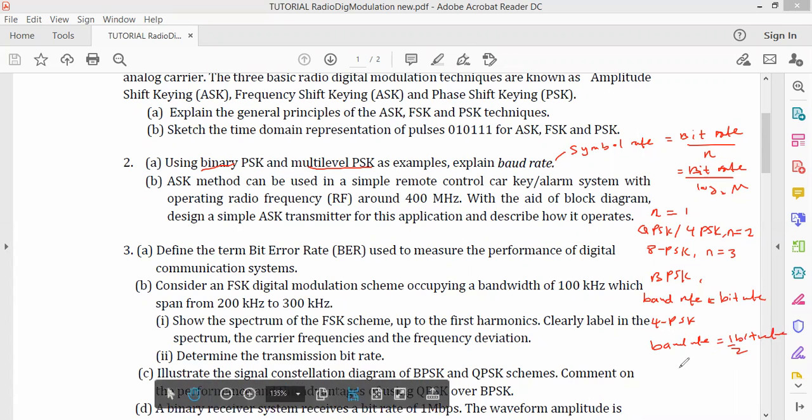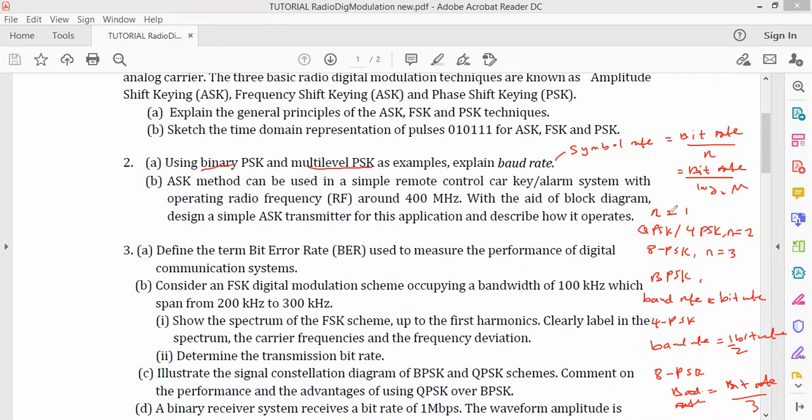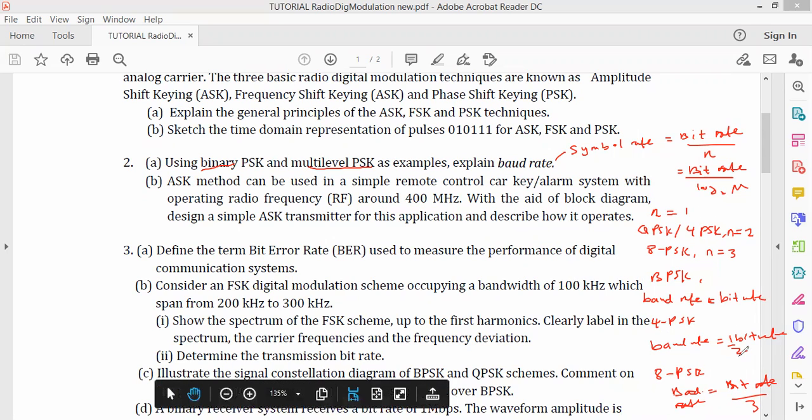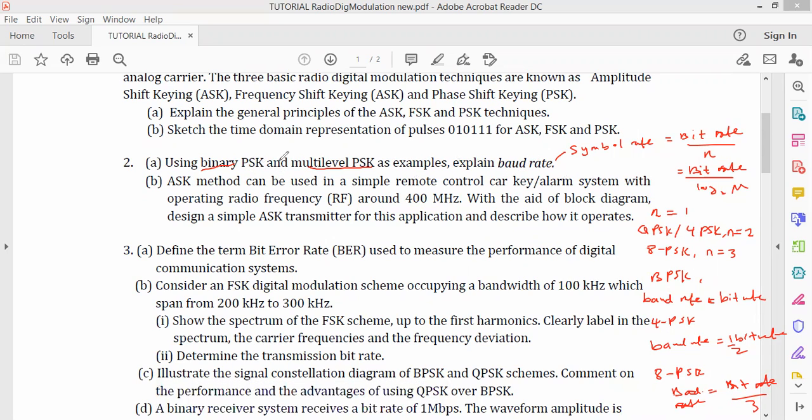Since n equal to 2. So for 8 PSK, baud rate is equal to bit rate over 3. Okay. So based on this relationship and values, you should be able to explain baud rate for binary PSK and the multi-level PSK.